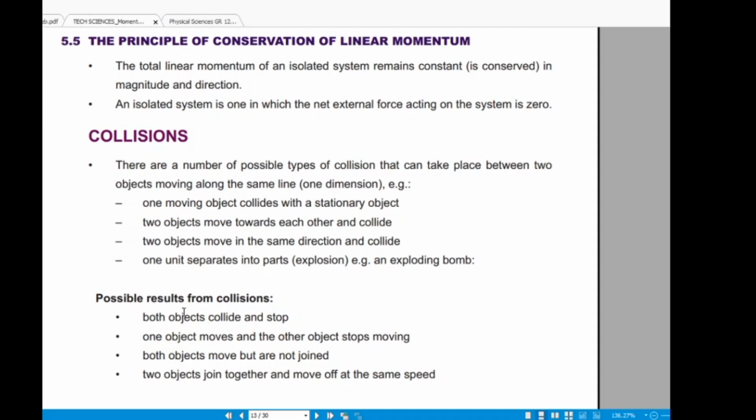So if a collision happens, both objects can collide and stop, right? If inkoloyi zichayisana, singachayisana bese zijame zoyi-2, right? Another possible result is one object moves and the other object stops moving.